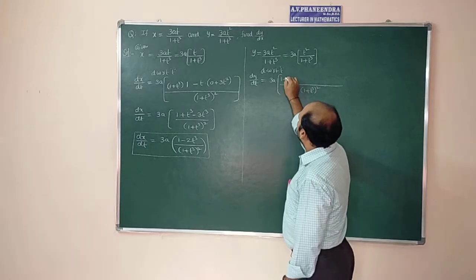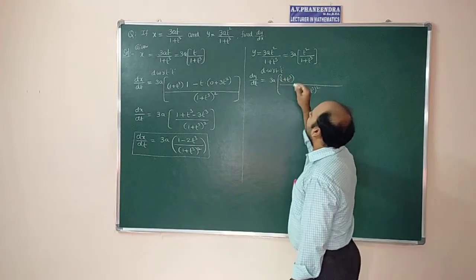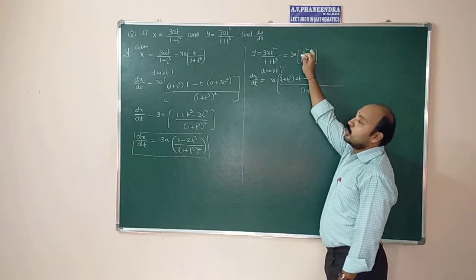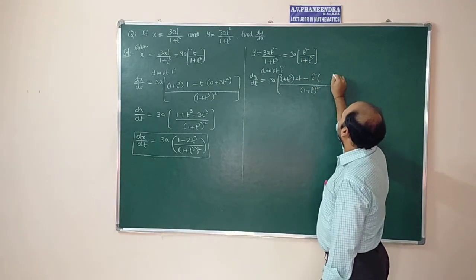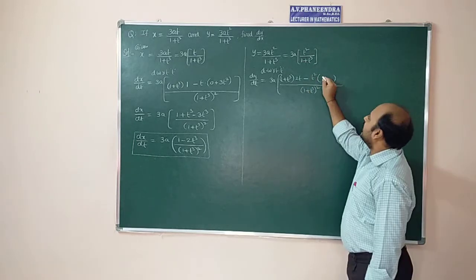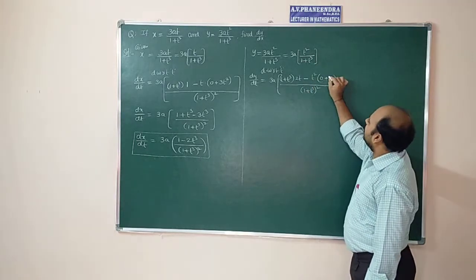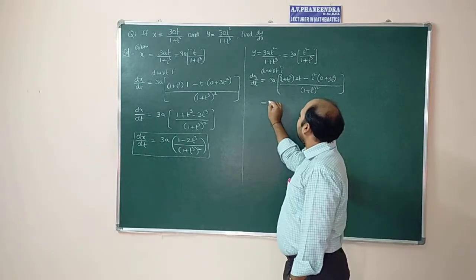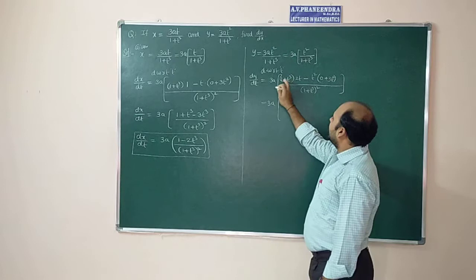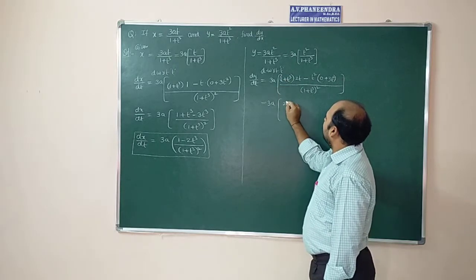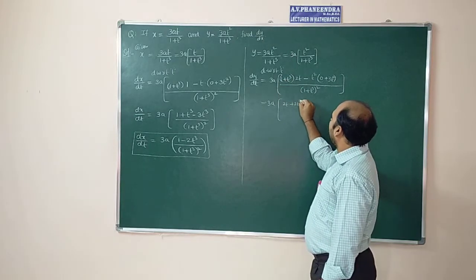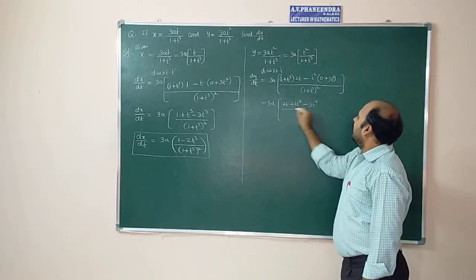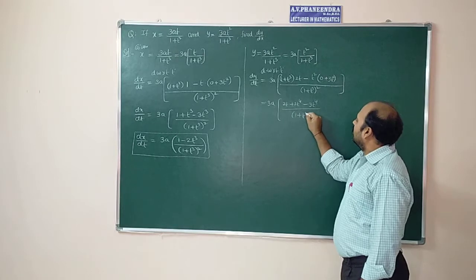Next v into d by dt of t square, that is 1 plus t cube into 2t, minus u into, that means t square into, keep bracket, d by dt of 1 is 0 plus d by dt of t cube is 3t square, bracket close. 3a into 2t into 1 plus t cube, so 2t plus 2t power 4 minus t square into 3t square, 3t power 4, divided by 1 plus t cube whole square.